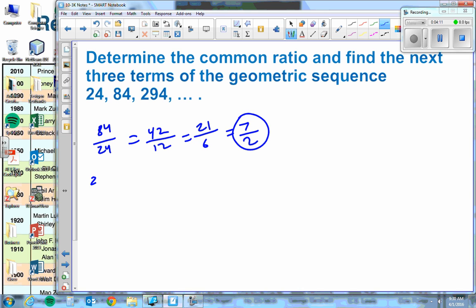Now, let's double check. It's the same thing. It should simplify to do the same thing. Take half of again. 28, half of 28 is 14. And half of 14 is 7. And that's 42. Can't divide by 2 again.